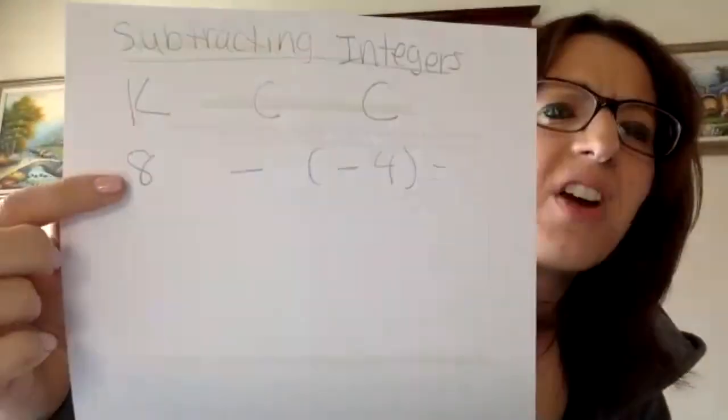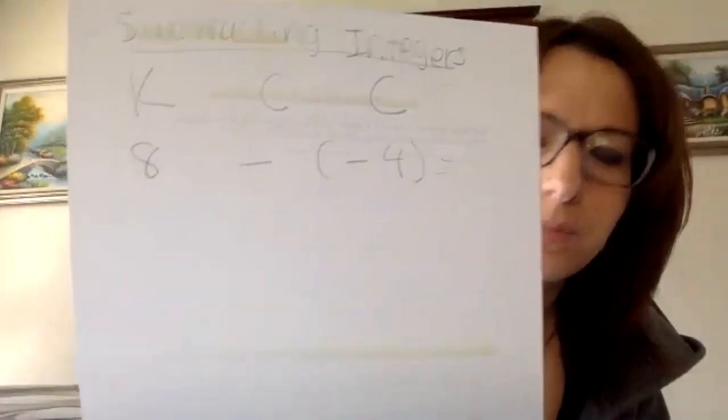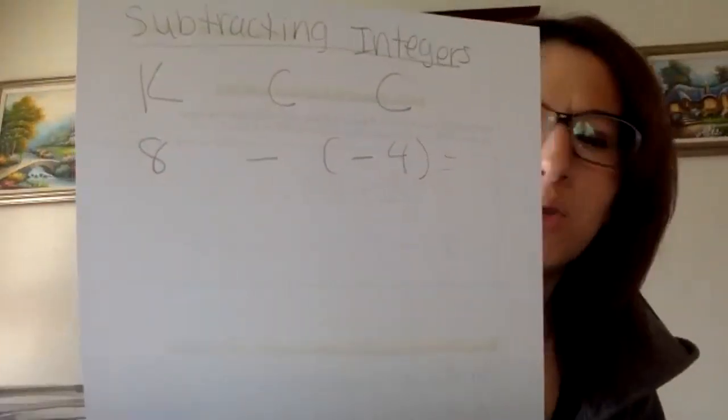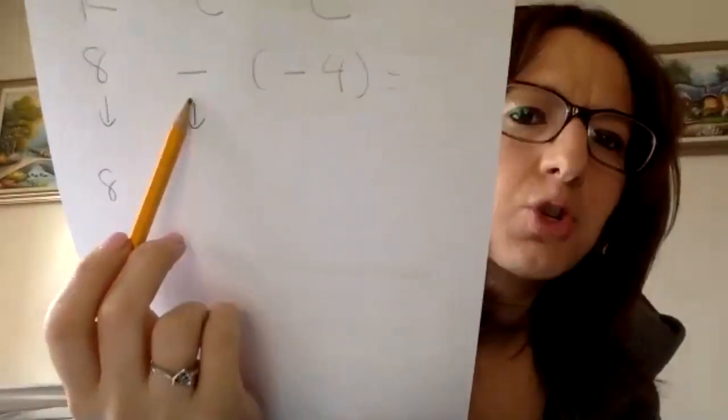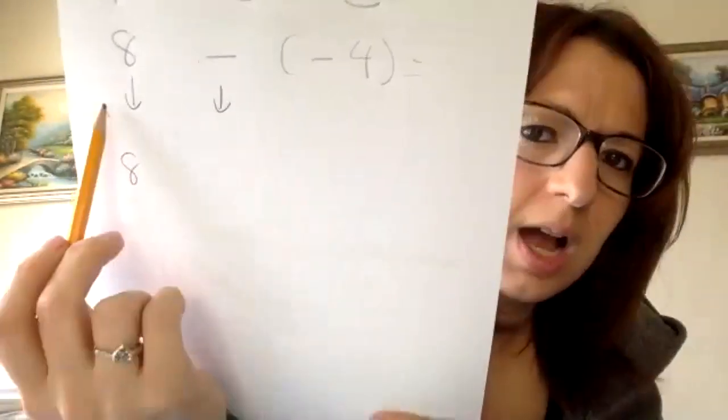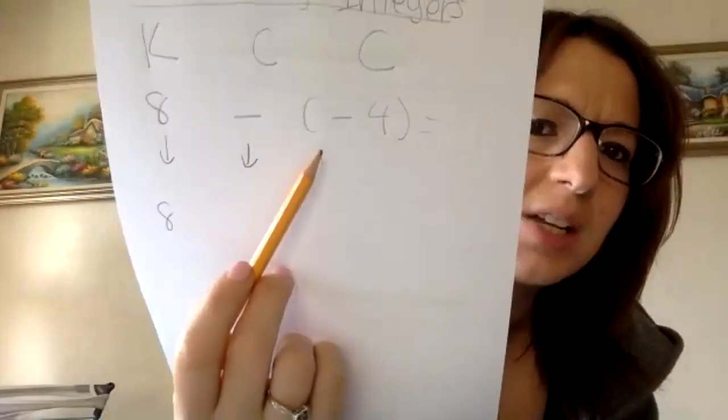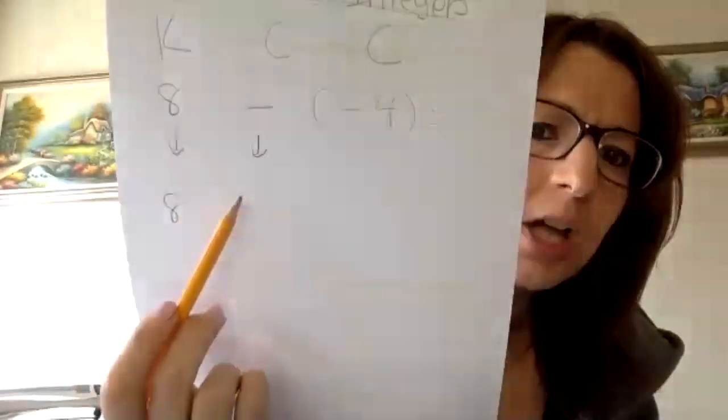When I'm subtracting integers, I'm going to keep the first number, which is 8. This is not on your paper, I'm just showing you. I'm going to now change the subtraction sign to addition. I keep, I change, I change. So the subtraction becomes addition.